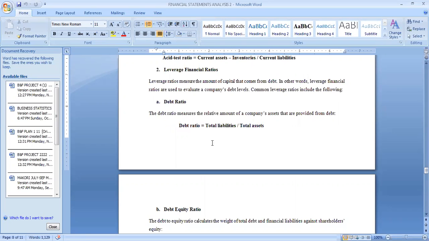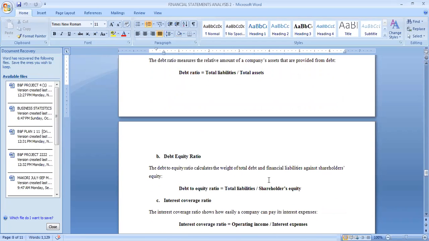If the business is doing very well, this should be 0 point something, because whenever the denominator is more than the numerator, the answer will be 0 point something. If the assets are more than the liabilities, the denominator is bigger than the numerator, so the ratio is going to be small. A smaller debt ratio simply means that the business is doing very well, because the assets are more than the liabilities.